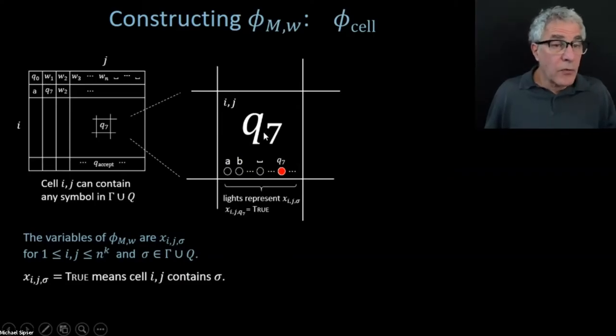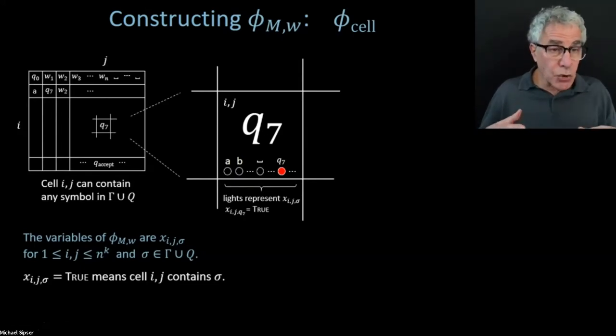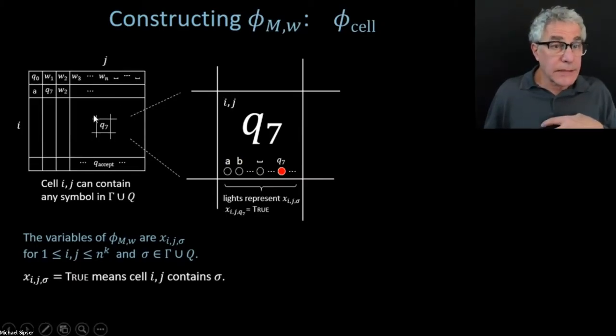And now we have to start making some Boolean logic to make sure that those variables reasonably represent the contents of these cells. So for example, what would be the first thing that comes to your mind? Well, we better not have two lights going on in any one of the cells, because then we have two symbols in that cell, and that's not allowed.